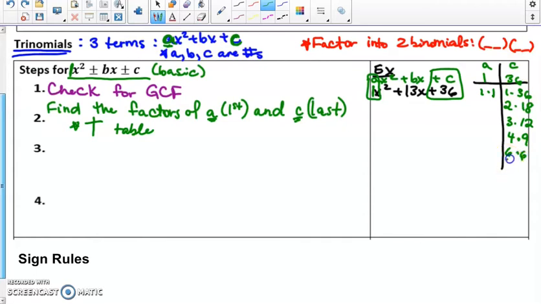And because it's the same number here, that means the next factor that would work would be 6, and since I already have 6 written, we don't have to go any farther. So 6 times 6 is our last set of factors.